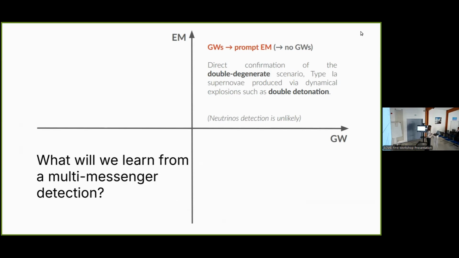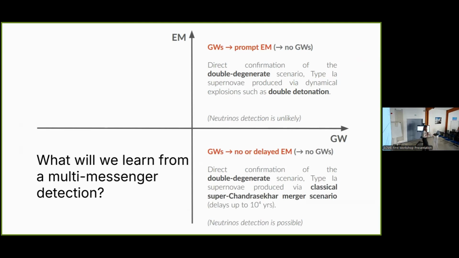If the electromagnetic emission is fast following the gravitational wave radiation, then it would mean it's something dynamical like this double detonation channel that I showed you here, because in double detonations, you don't need massive white dwarfs. It is unlikely that we will see any neutrino associated unless the supernova is very close.